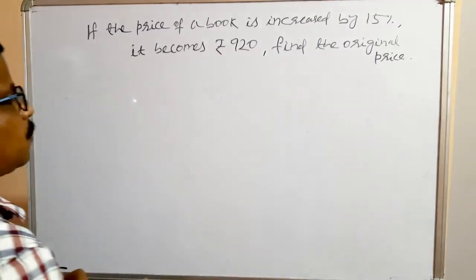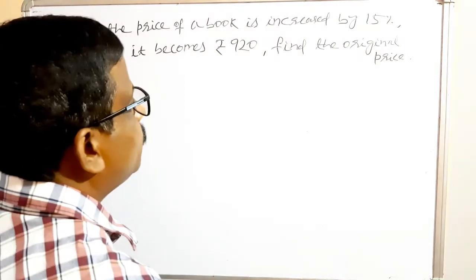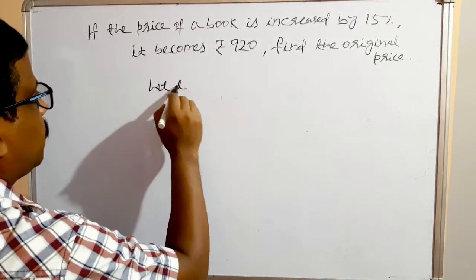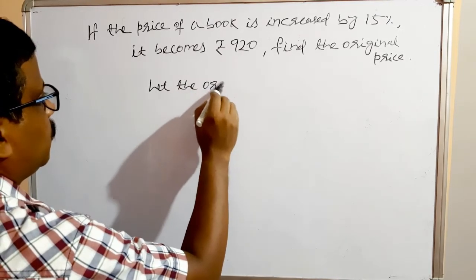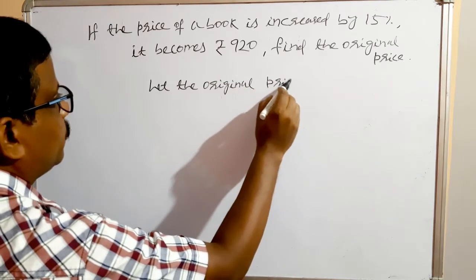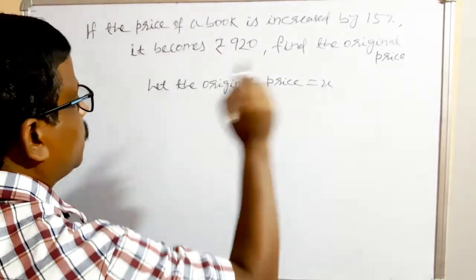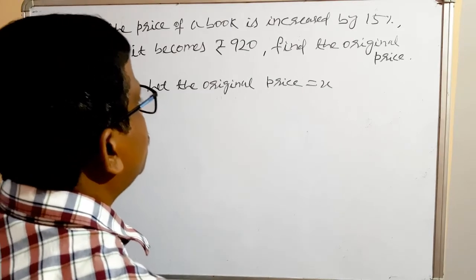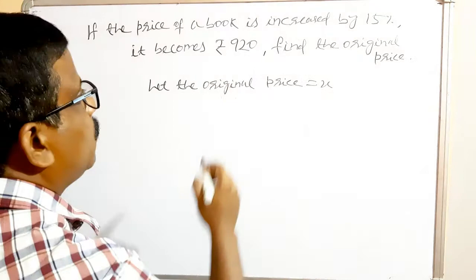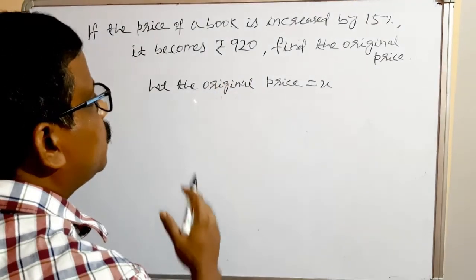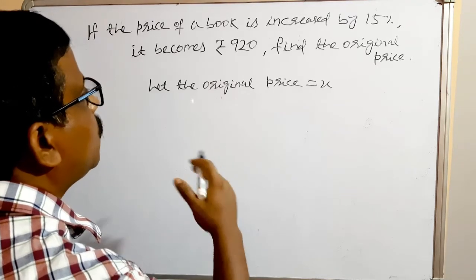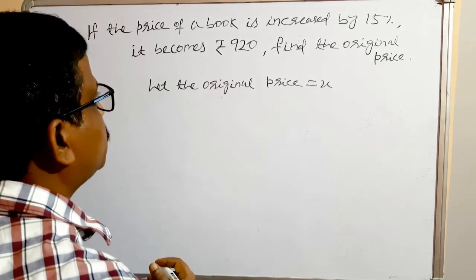So which thing is unknown to you? The question asks to find the original price. So first you have to take, let the original price be x. Clear? So increased by 15%. The formula you have to remember: increased price is 1 plus increase percentage into the original price.